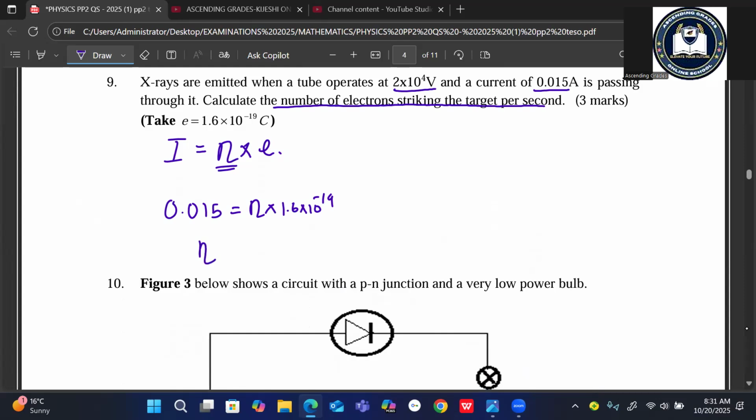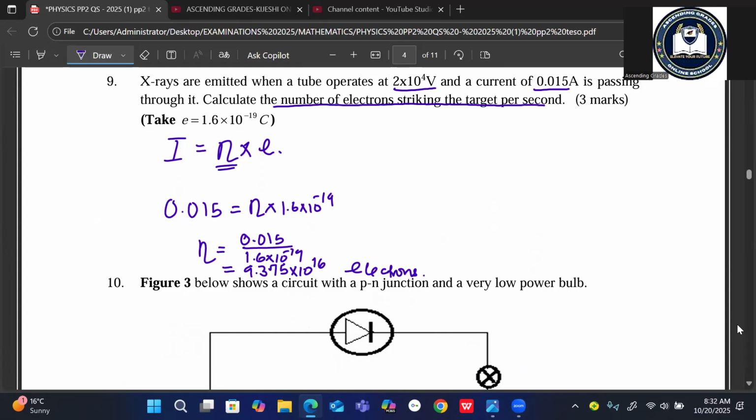Making N the subject, it becomes 0.015 divided by 1.6 times 10 raised to the power negative 19, and this becomes 9.375 times 10 raised to the power 16 electrons. So this will be the number of electrons responsible for the carriage of current of 0.015 amperes.